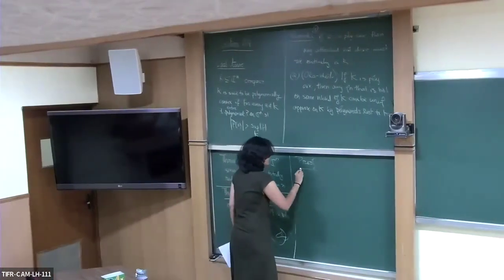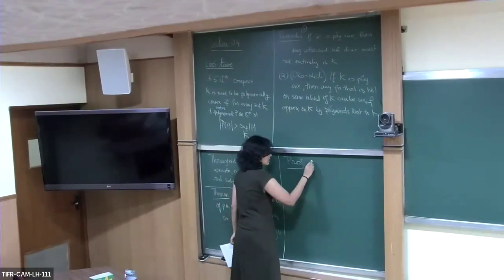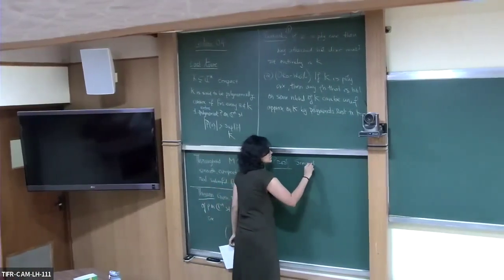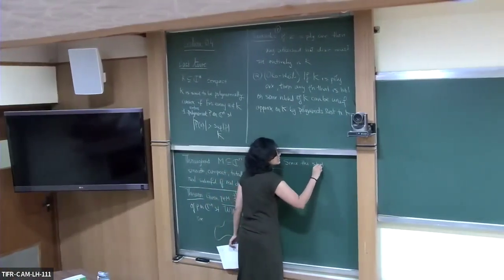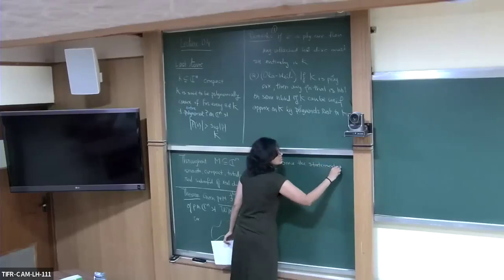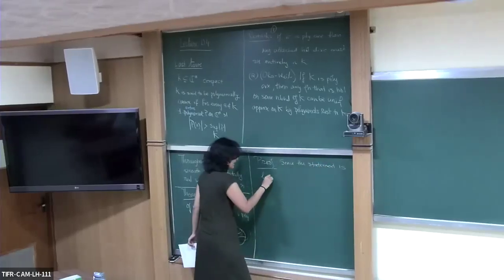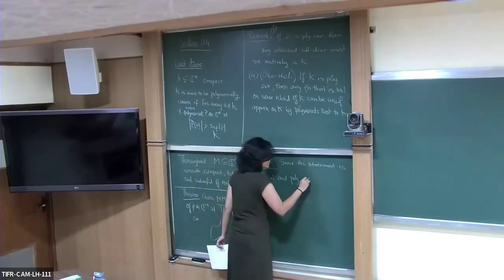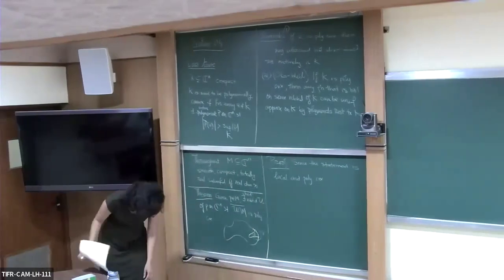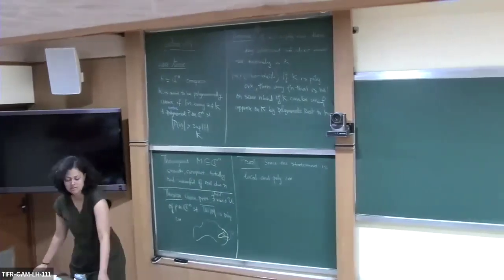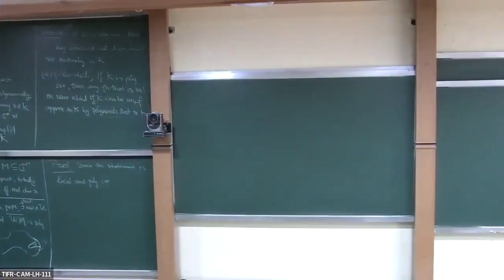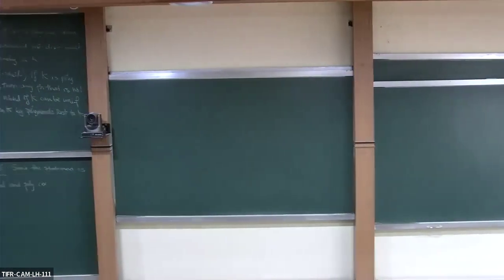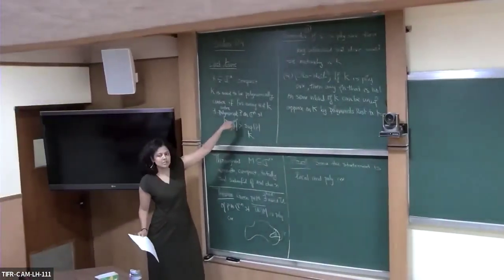All right. So this is a local statement. Something to be careful about: polynomial convexity in general is not invariant under biholomorphic transformations because it's a statement that involves algebraic objects.